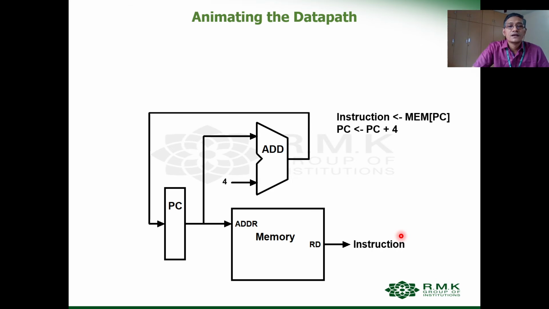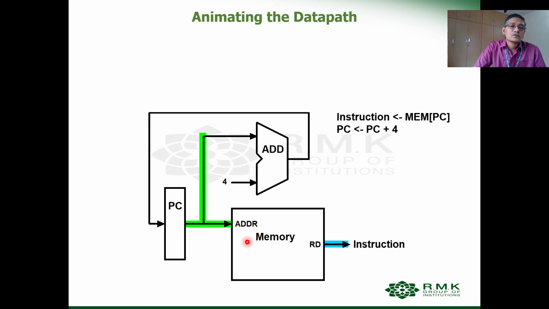Now we will see the animated data path for this instruction fetch. First step, the processor is getting the memory location from the program counter. It is highlighted by this green transition. That address is indexed into the instruction memory, and whatever instruction is in that location will be fetched.